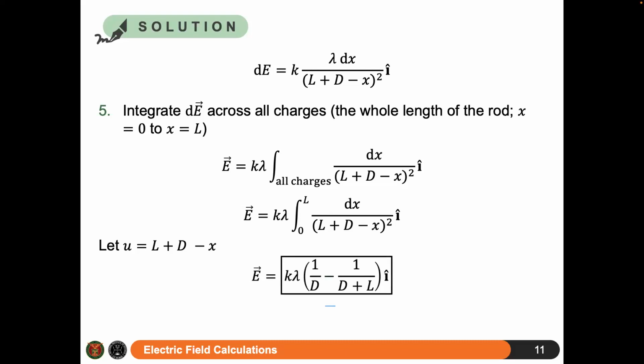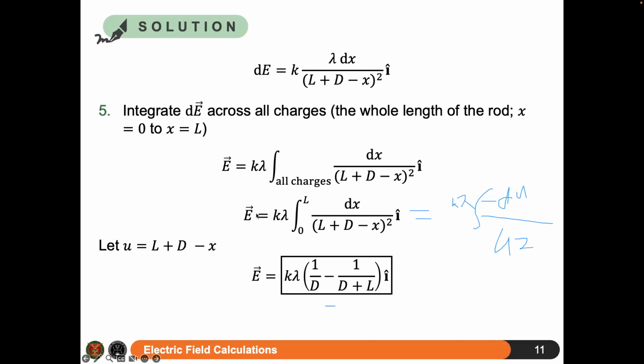So if you let u equal this one, the denominator, then our integral becomes k lambda integral of negative du over u squared.